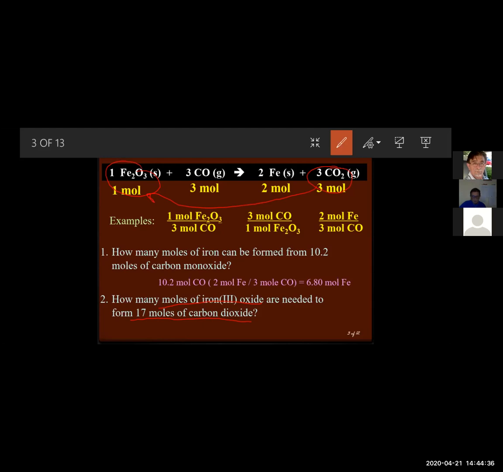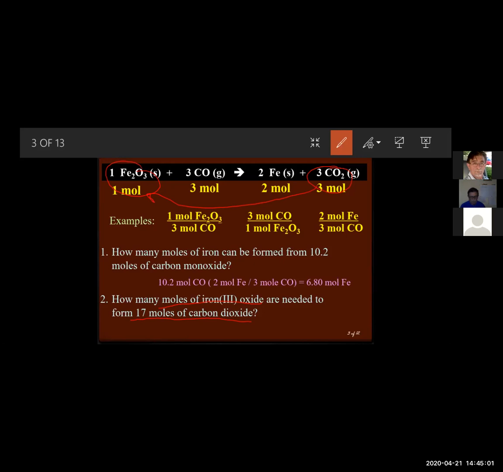How much iron 3 oxide do we need? Okay? That's what they're asking you there. So everything else is out of concern. It's only those two based on the question. We note the ratio: 1 iron 3 oxide for every 3 carbon dioxides.